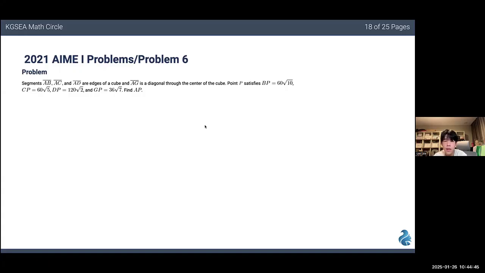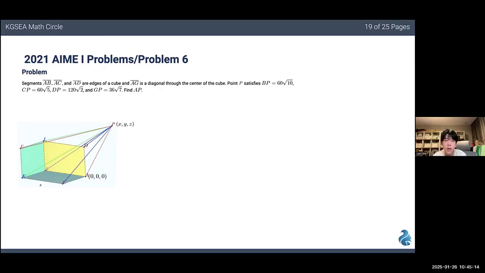This is the next problem. And this is the diagram. We'll be utilizing the coordinate plane to solve this problem.